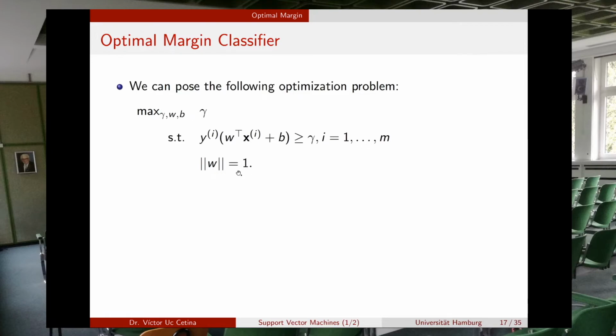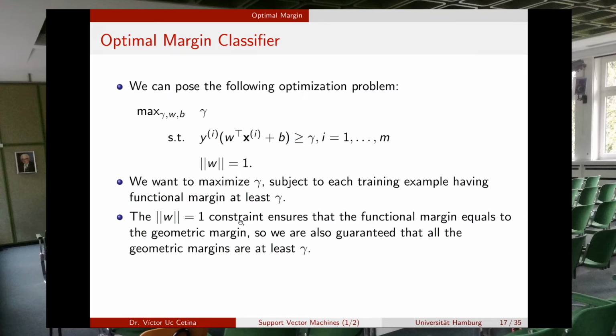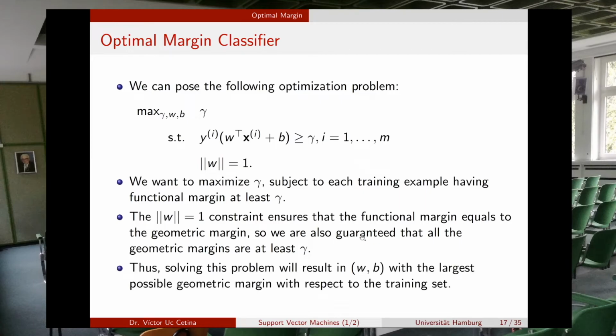By doing this, we are making the geometric margin look like the functional margin. Okay, so we want to maximize gamma subject to each training example having a functional margin of at least gamma. This constraint ensures that the functional margin equals the geometric margin, so we are also guaranteeing that all the geometric margins are at least gamma. Thus, solving this problem will result in our optimal W and b, which is the one with the largest possible geometric margin with respect to the training set.